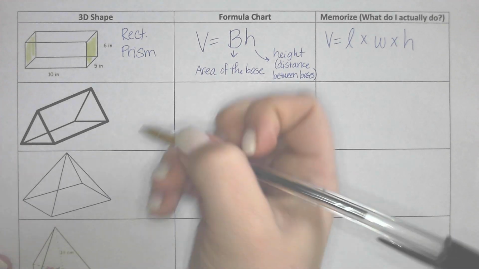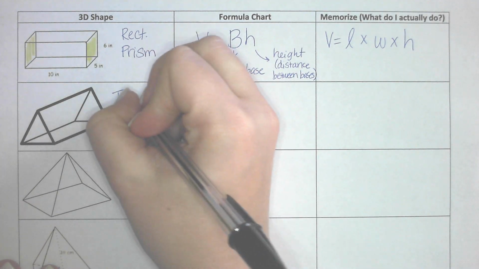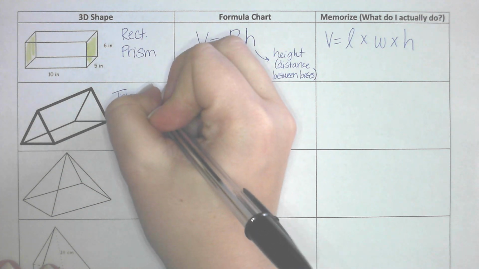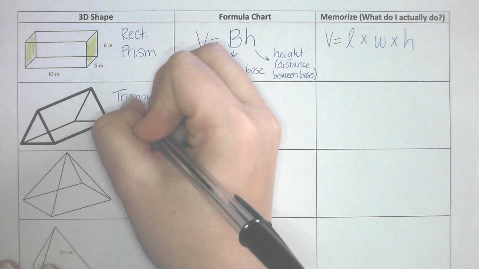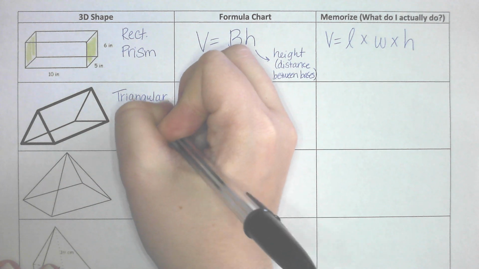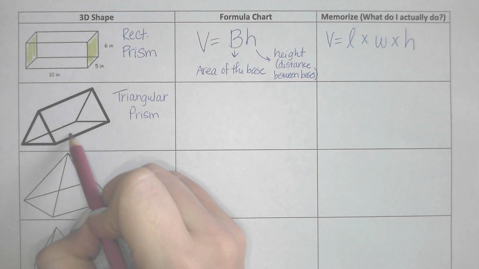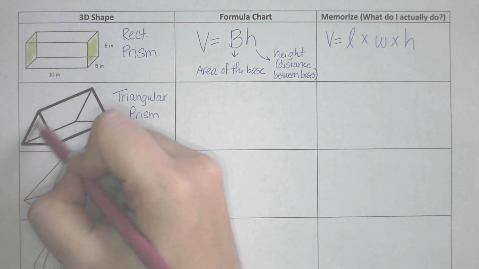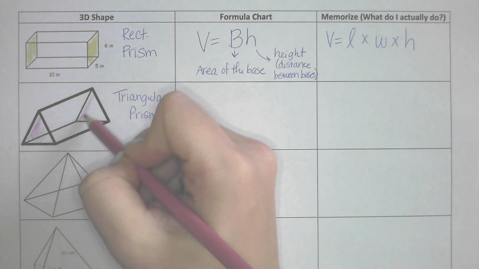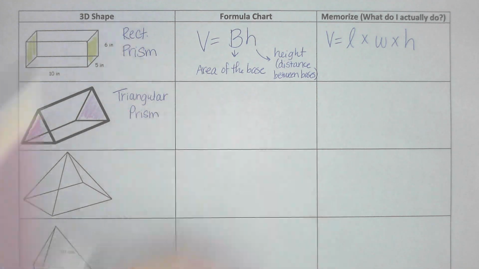So we have still a prism, but it's a triangular prism. Okay? So on this one, the bases are not on the bottom because that bottom is not parallel to anything. It's always, always, always the triangles. Remember, it gets its name from its base.